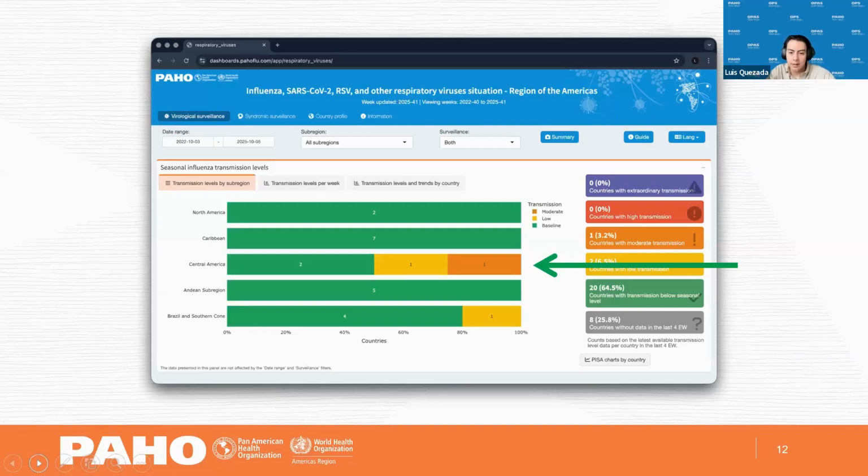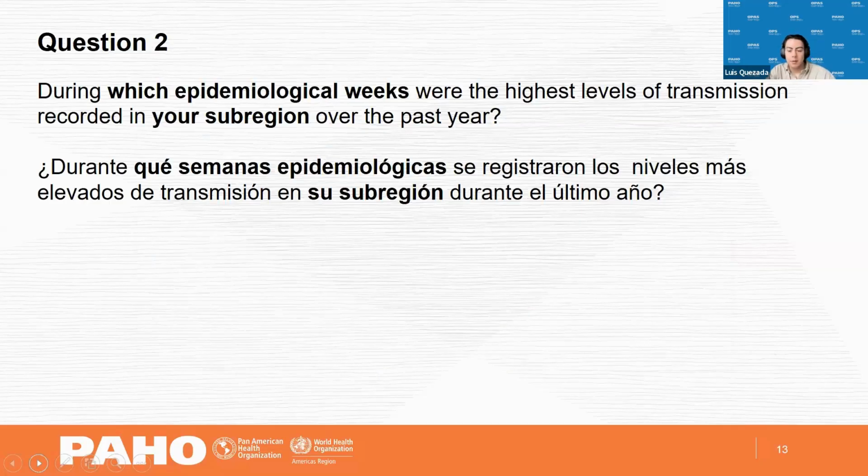But for the week that we are in right now, we can observe that in Central America, we have a country with moderate levels. These charts enable you to have a quick glance at the last reported data, and we could see, in a way, like a draft level, what's happening with each country or each region.